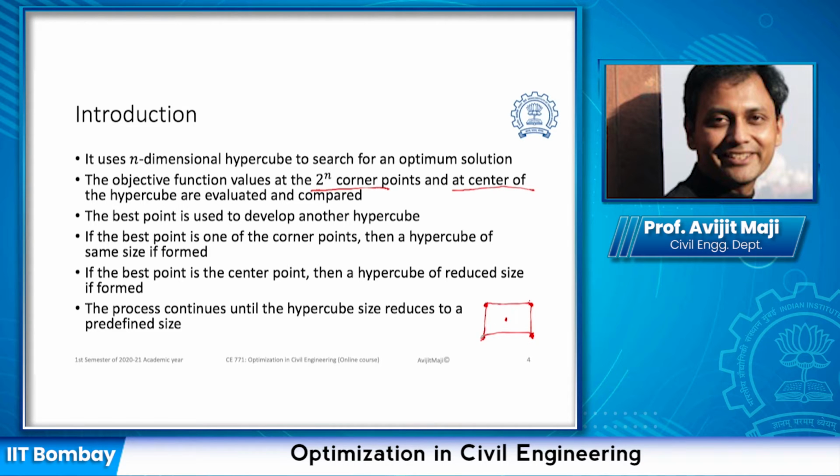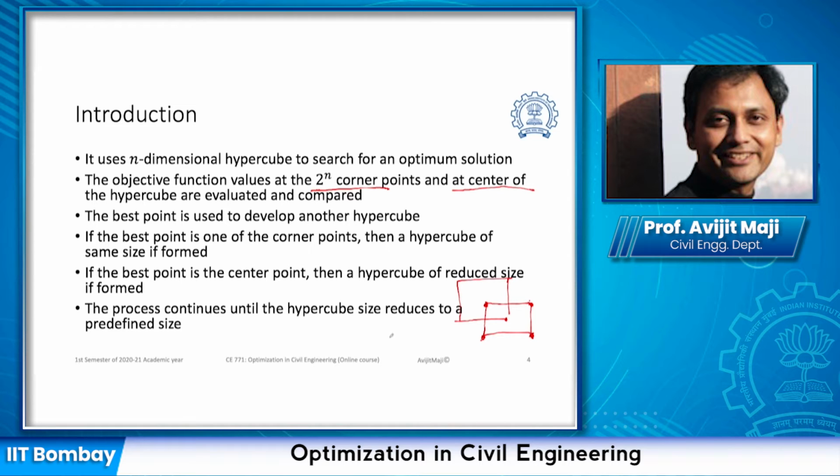Once we compare the objective function value at all these locations, we choose the location where we have the better solution. For example, if the better solution is here, then we use this as the base point and develop the cube around that by setting up the locations like this, and the process continues.